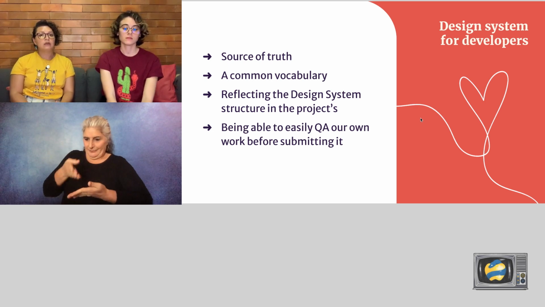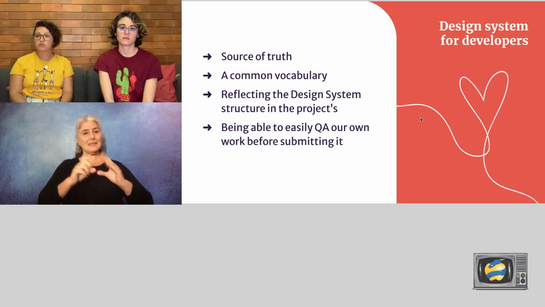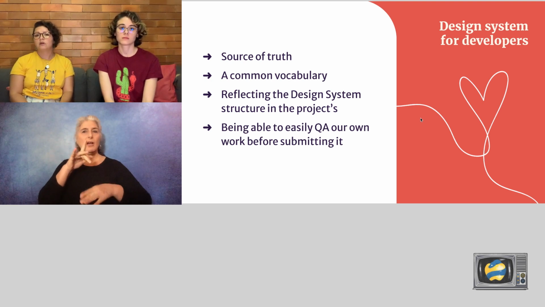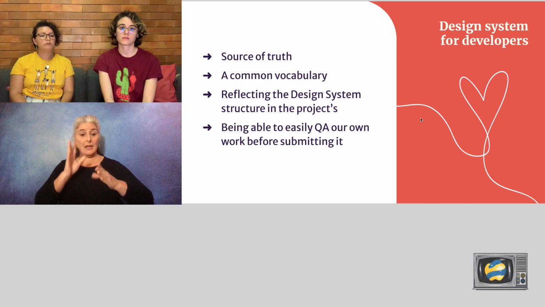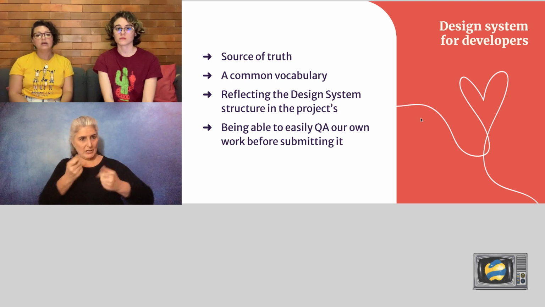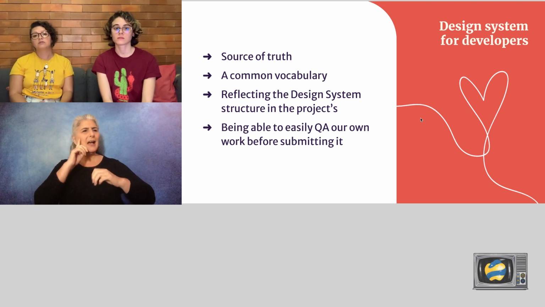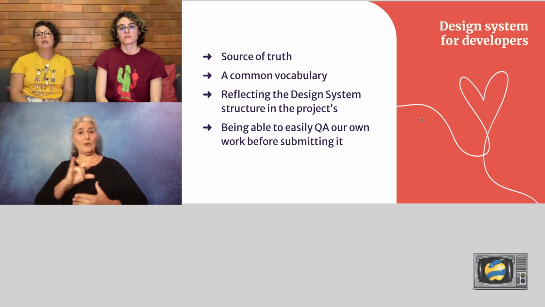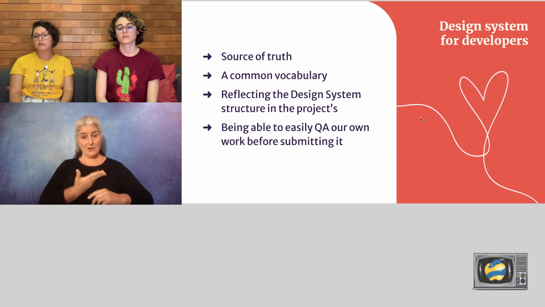So the main points of having a design system are that we have a source of truth for the elements we're building. It gives us a common vocabulary to talk about these elements. We can use the design system to guide and structure our file system and the organization of our style sheets, and we can easily QA our own work before we submit it.